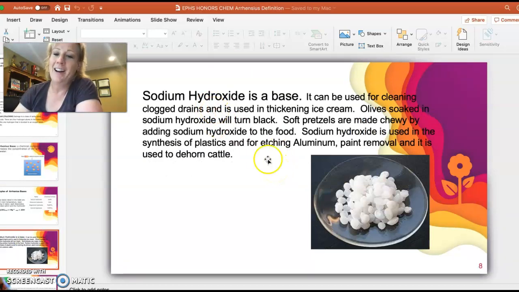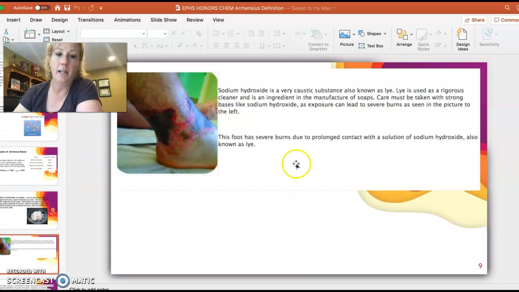It can be used for a lot of different things, sometimes just thickening ice cream or getting olives to turn black. But if it's in the pure or almost pure form of a drain cleaner, it can be pretty nasty stuff. In fact, this is not me, but it does cause a caustic kind of burn.